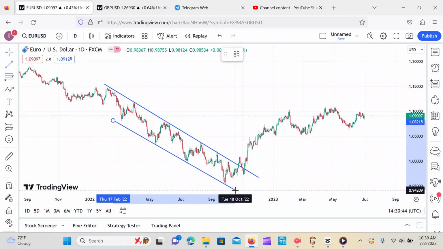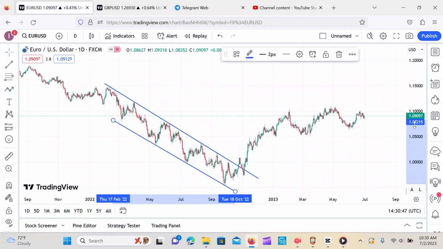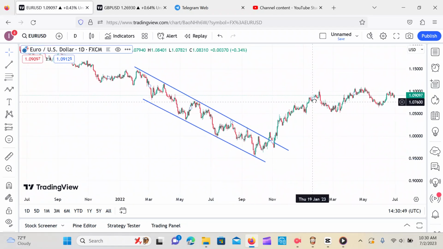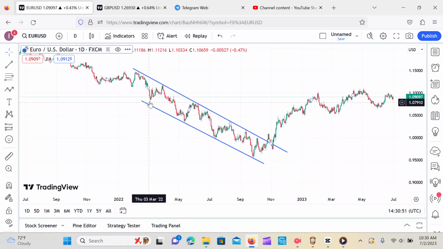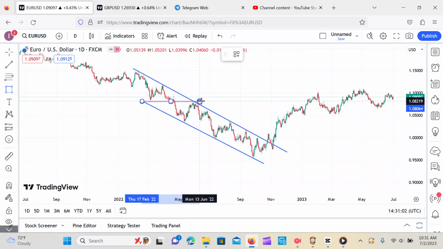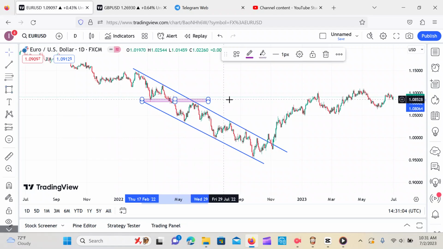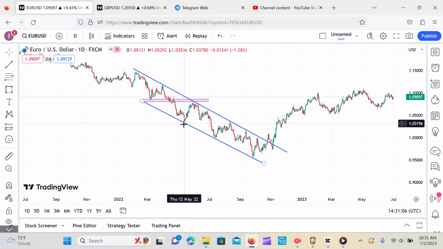We have this as a support level, a low, and this is a high. Now let's mark out our lows. Mind you, immediately price broke through this lower level to give us this low, price pushed to the upside.